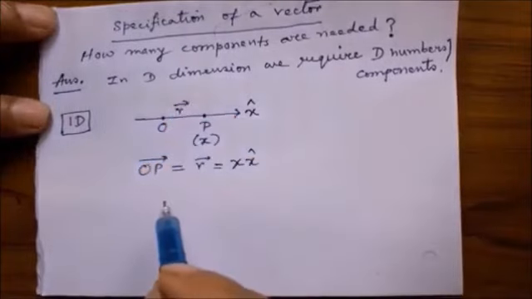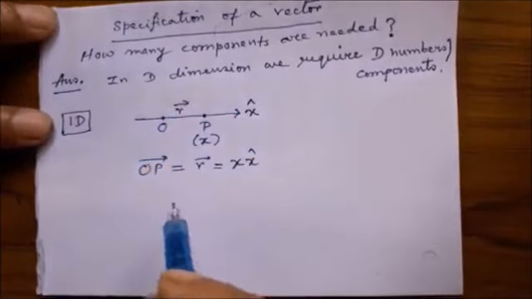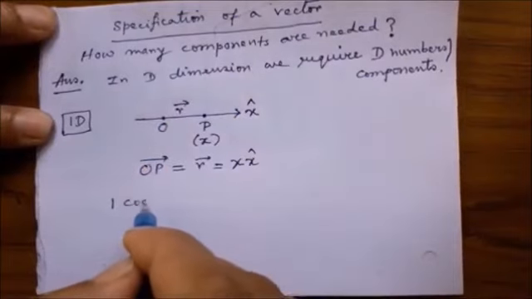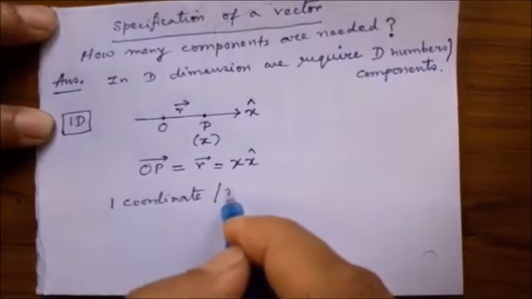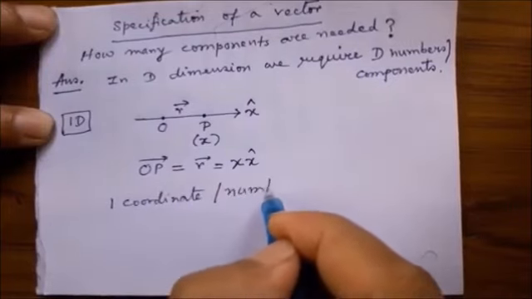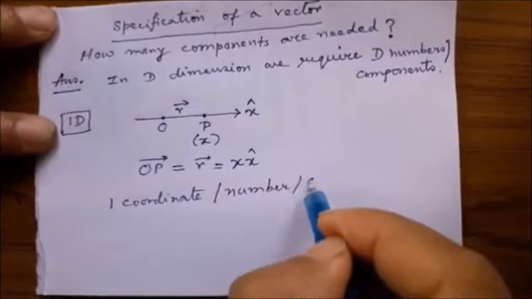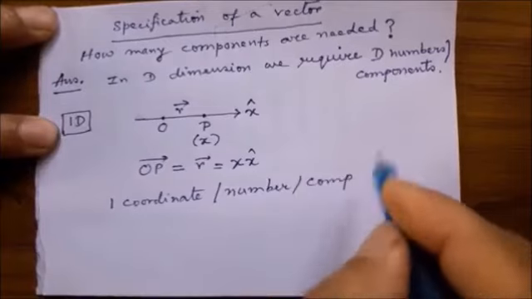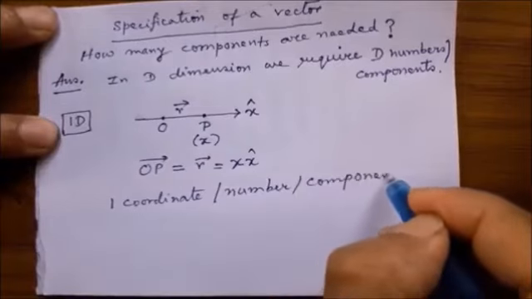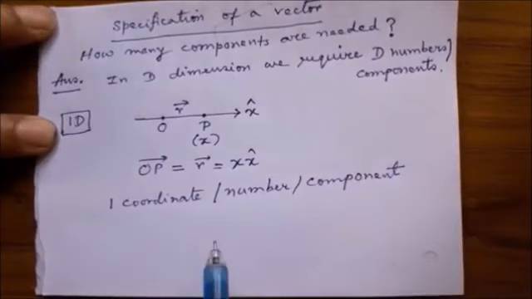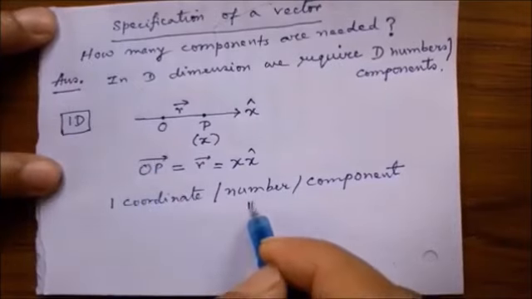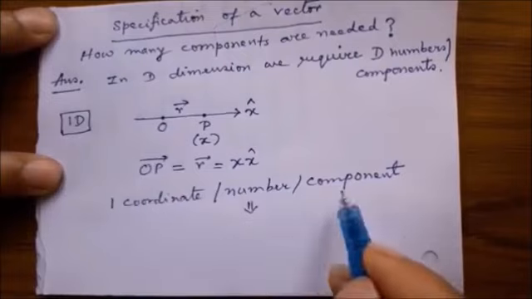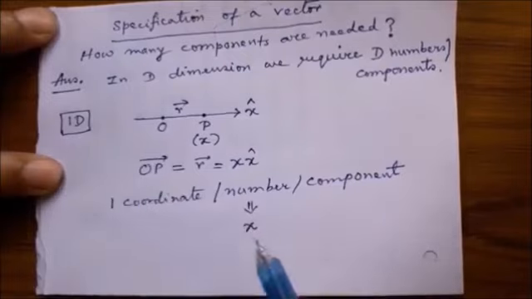It is very clear that we require one coordinate or one number or one component for description of this vector, and that number or that coordinate or that component is x.